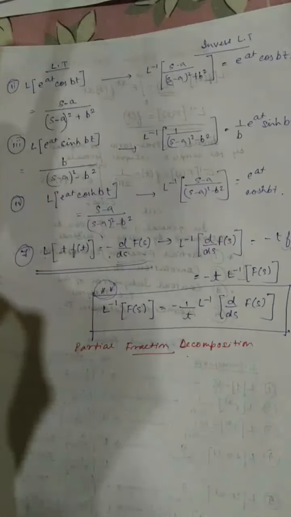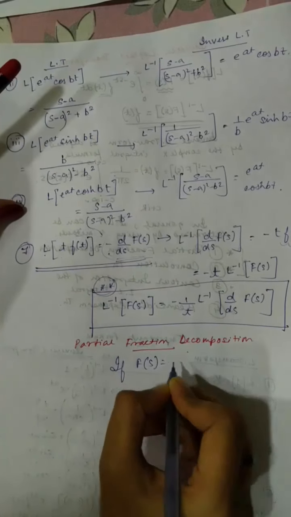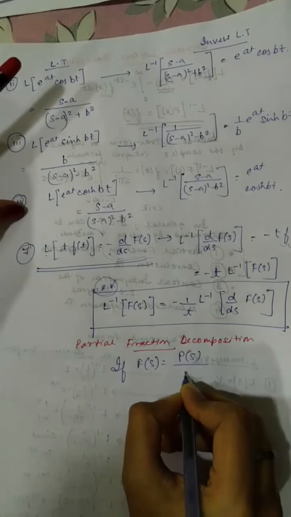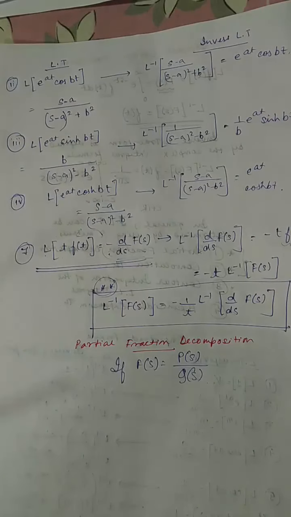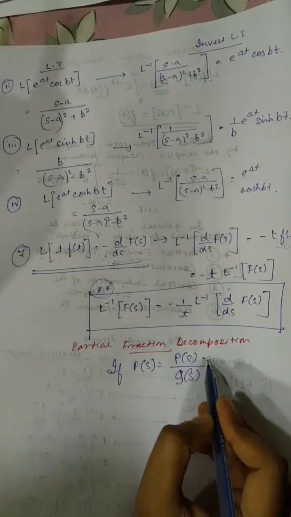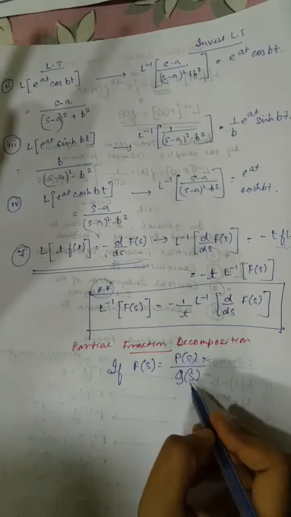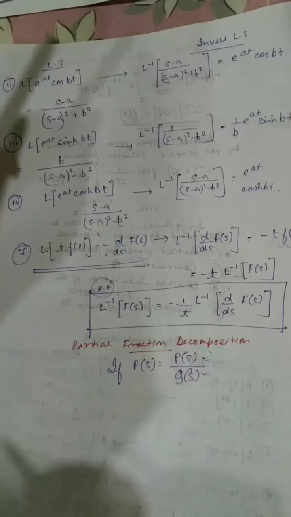So if we have a function F(s) is equal to P(s) by Q(s), where P and Q are both polynomials of s, obviously, and the degree of P(s) is less than that of Q(s).